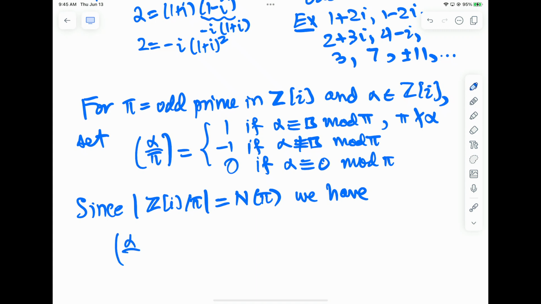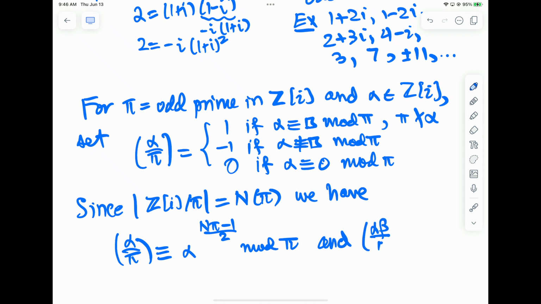The Legendre symbol is congruent to alpha to the norm of pi minus 1 over 2. Okay, that's like a on p is congruent to a to the p minus 1 over 2. And from that, you get the total multiplicativity of the Legendre symbol: alpha beta on pi is alpha on pi times beta on pi for all alpha and beta in the Gaussian integers.